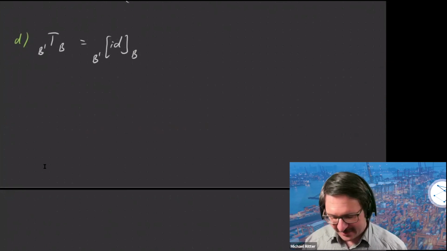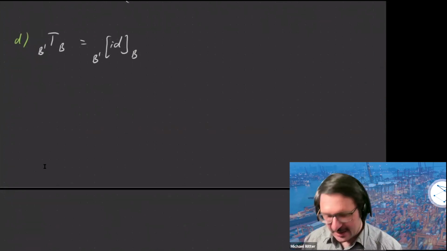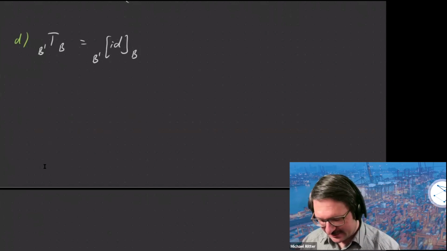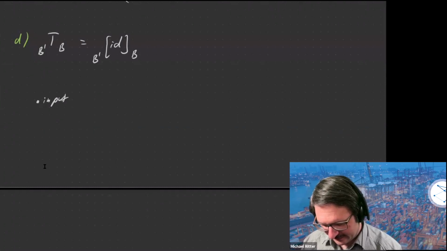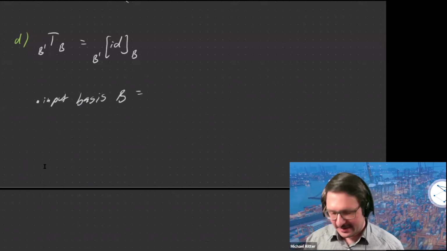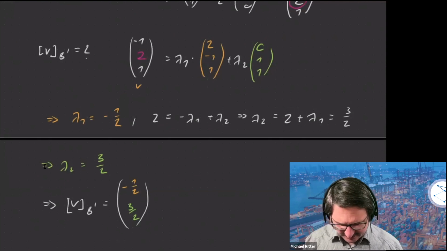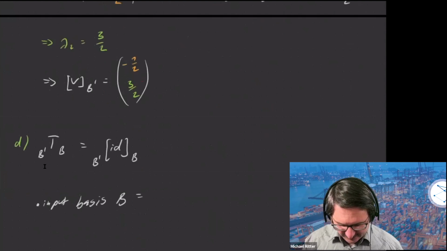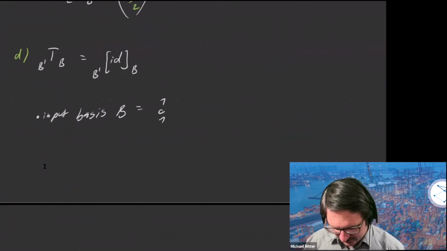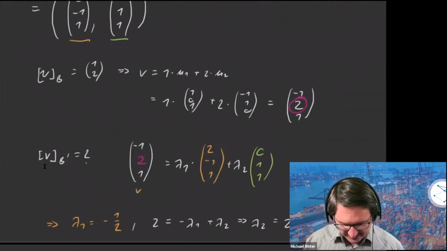And the way to get a matrix like this is always to take a basis, the input basis. So in this case, we have this basis B here. Remember that basis was, where did I write that down? Somewhere here, 1 0 1 and minus 1 1 0. Right.